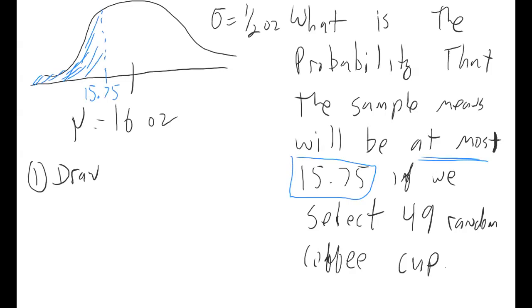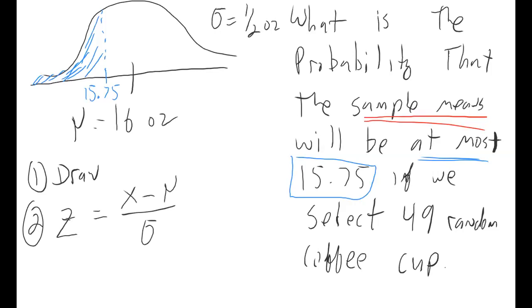Step 2, find our z-score. Remember, this is z equals x minus mu all over sigma. The problem now is we are dealing with the sample means. So our new z formula is actually going to be x minus the mu of x bar over the standard deviation of x bar.